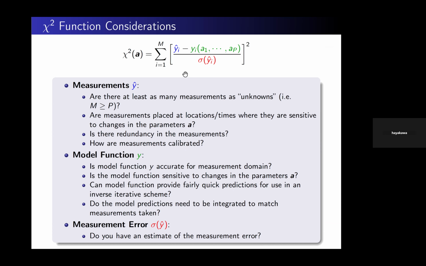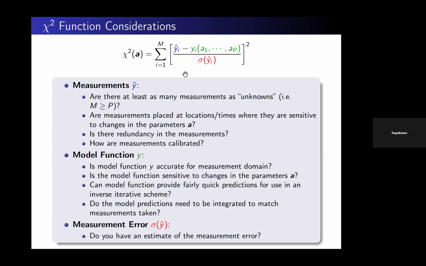it would not be a good model to use to try to determine anisotropy. You also want these models to give a forward prediction fairly quickly, because a lot of the methods we use to solve inverse problems are iterative in nature, and you're going to have to provide the y_i prediction as the vector A changes as it moves through its improvement in the iterative scheme.